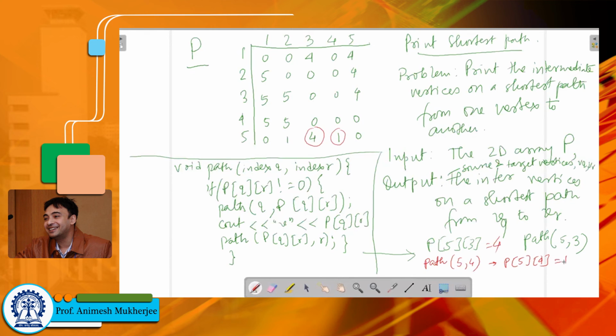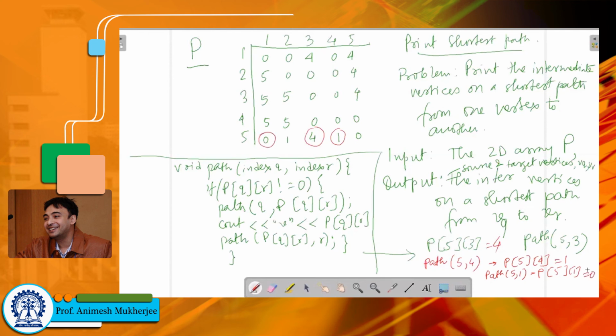Then I'll again call path 5 1. Now path 5 1 is P51, and P51, as you see, is 0.